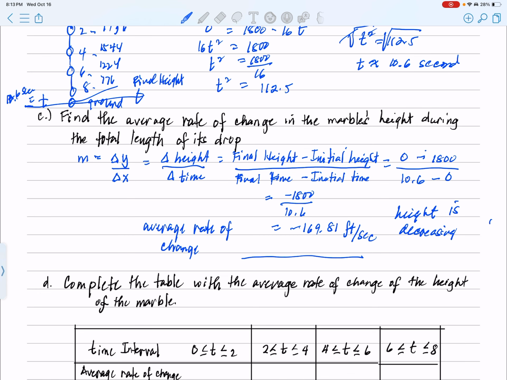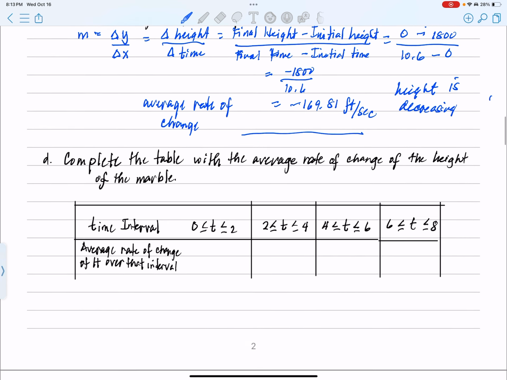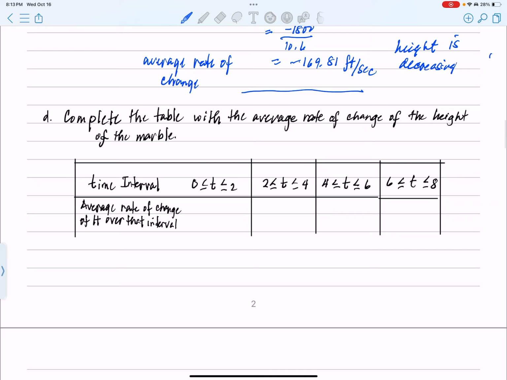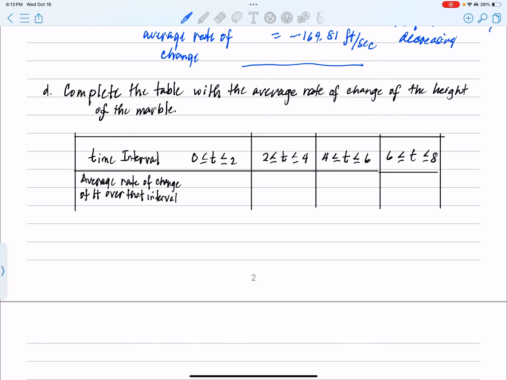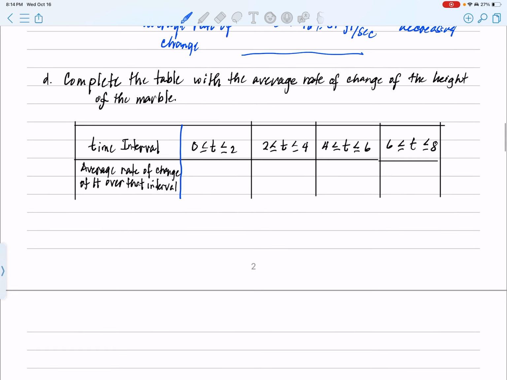All right. For letter D, complete the table with the average rate of change of the height of the marble. Now you are given a time interval. So your intervals are 0 to 2, 2 to 4, 4 to 6, 6 to 8, with respect to the average rate of change over that interval.